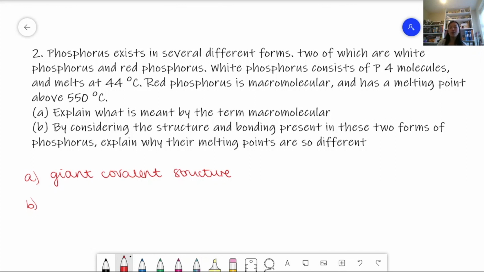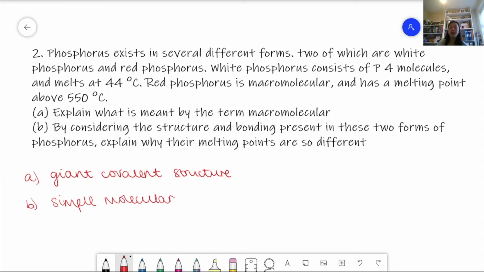And so that kind of points to different structures. And so we've learned that because the white phosphorus has a low melting point, then you think, oh, maybe it's not a giant structure because it doesn't have those really strong covalent bonds which it needs to break. So I think that it would be a simple molecular structure.